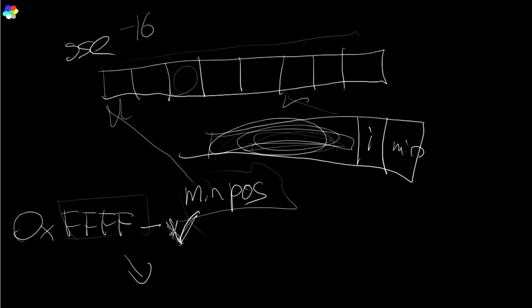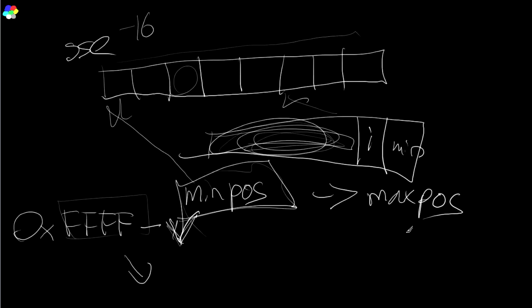And the one that was the smallest will become the largest, and therefore min pause will then function as max pause. So you can do these kinds of transformations in order to get the instructions that you want, because the SSE has a limited amount of instructions, and they don't have all the variations that you might want. There might only be one variation, and to get the other variation, you've got to do a bit of transformation.